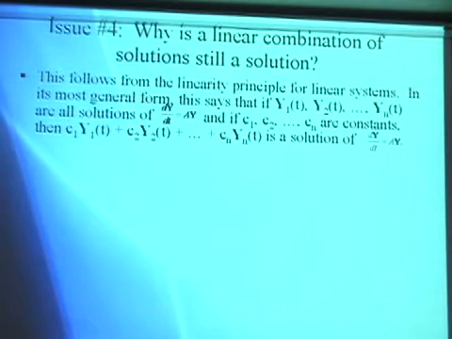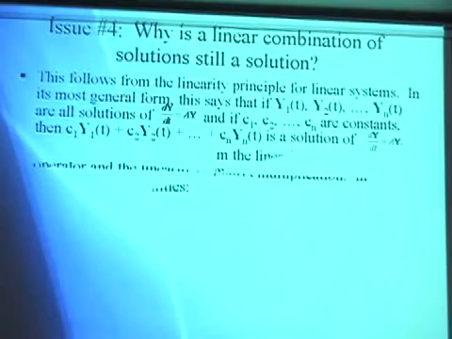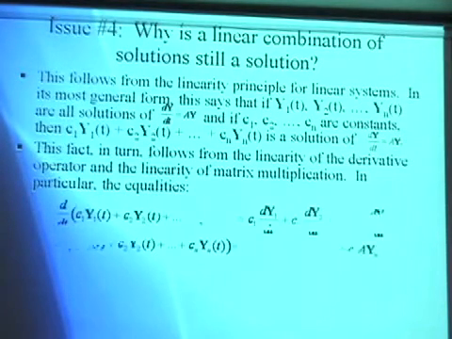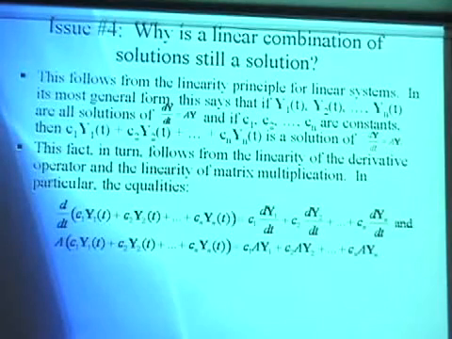And once again, to prove this, it's the left-hand side, right-hand side game. Plug the function in on both sides and see what happens. And the truthfulness of this is going to follow from other linearity properties. Linearity of the derivative operator.